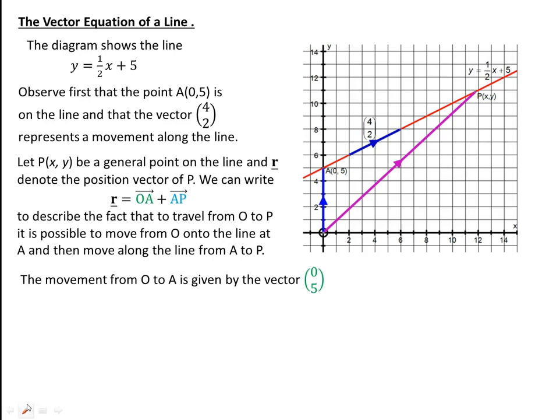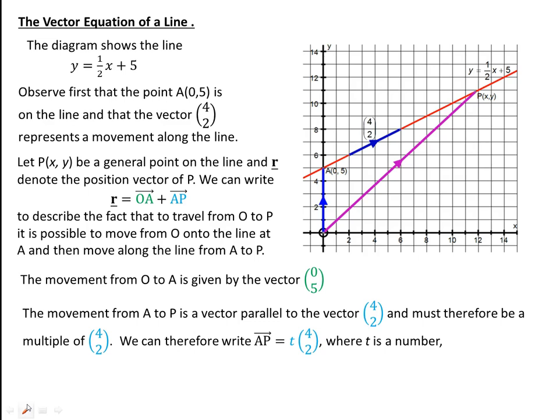The movement from A to P is a movement along the line, so it must be parallel to the vector (4, 2). And any vector that is parallel to (4, 2) must simply be a multiple of (4, 2). So we can say that the vector AP is t times (4, 2), where t is just a number.